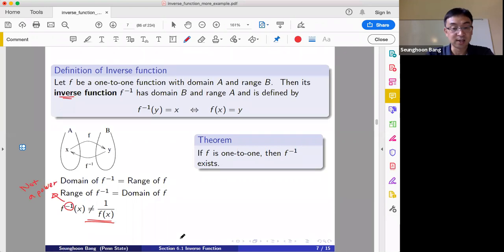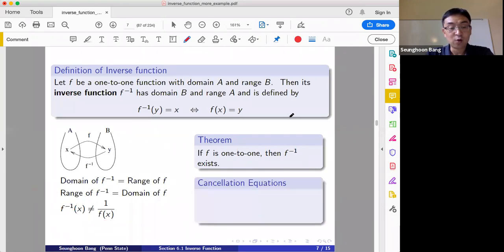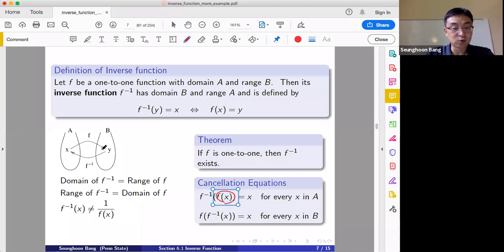Don't write like this. We have the cancellation equations. The inverse of f of f of x equals x for every x in A. And f of the inverse of f of x equals x for every x in B. Why is this true? Here, x goes to f of x, which is the same as y.